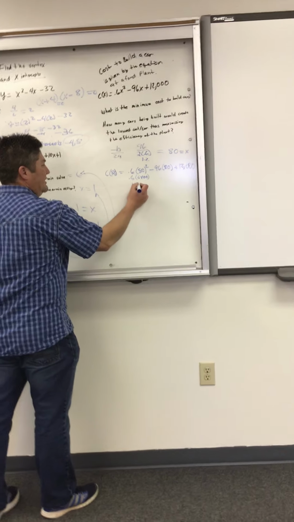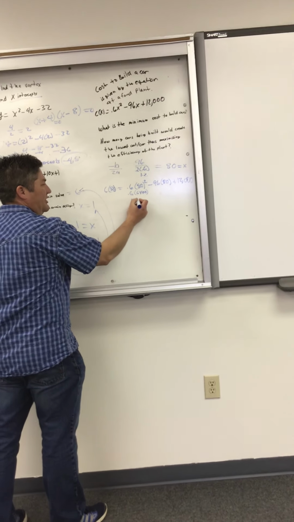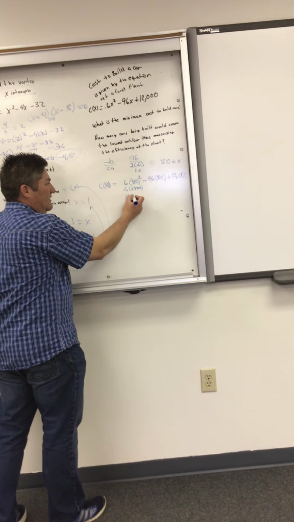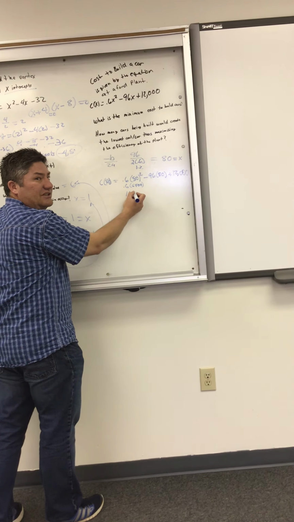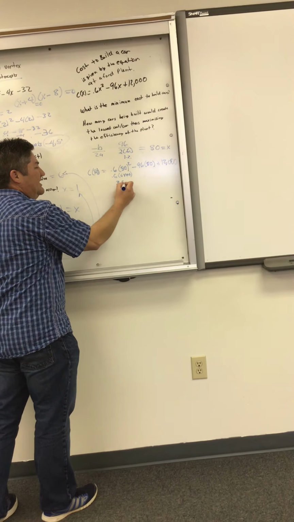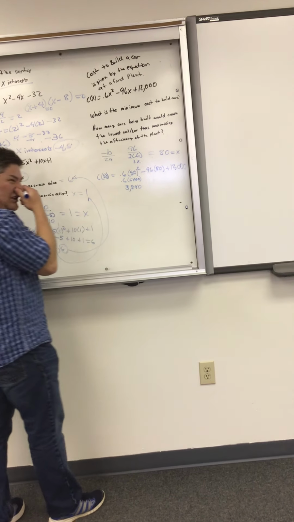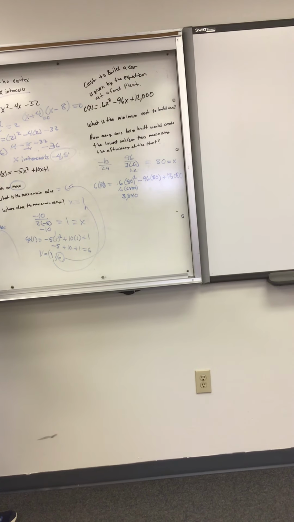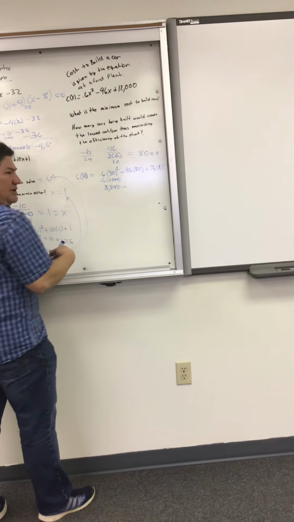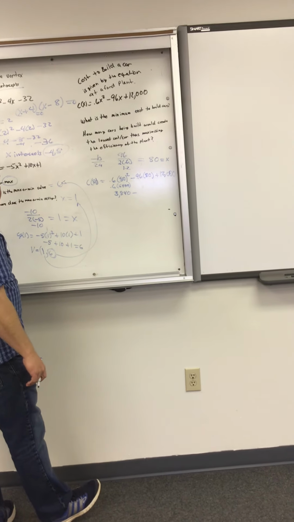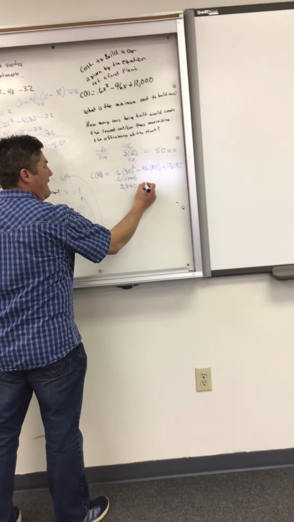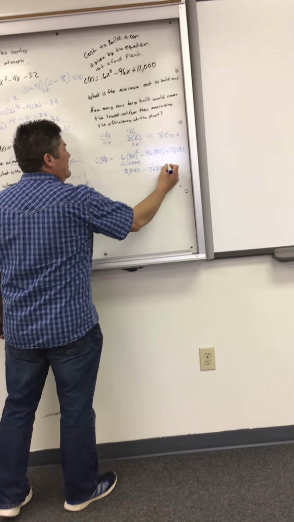Do 80 times 80 times 0.6 and tell me if that's right. 3,840. Okay, that sounds better. I was like, that sounded a little big. All right, so 3,840. Now I need to do 96 times 80. That's going to be 7,000 something. 7,680.